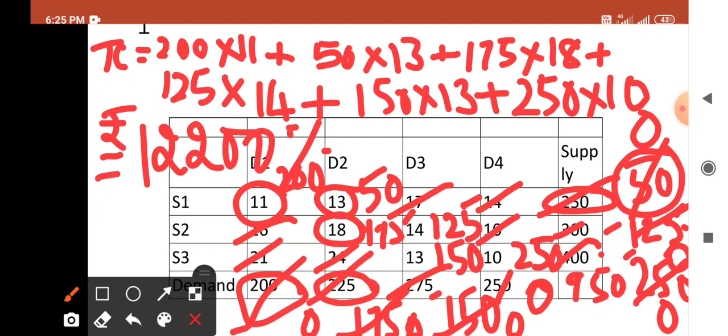This is how we find the transportation cost and the basic feasible solution in the case of the northwest corner rule.